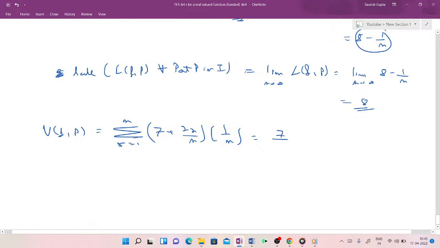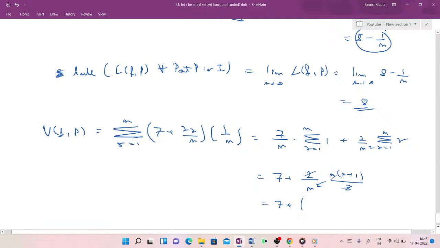So it comes out to be 7/n times summation r equals 1 to n of 1, plus 2/n squared times summation r equals 1 to n of r. So this is 7 plus 2 over n squared times the summation of r from 1 to n, which is n(n+1)/2. So this cancels out, and this comes out to be 7 plus 1 plus 1/n, which is 8 plus 1/n.